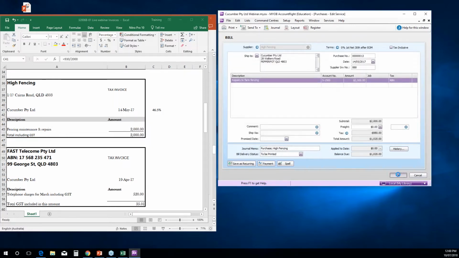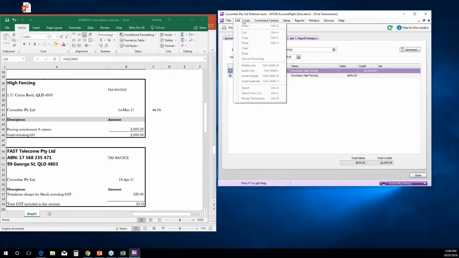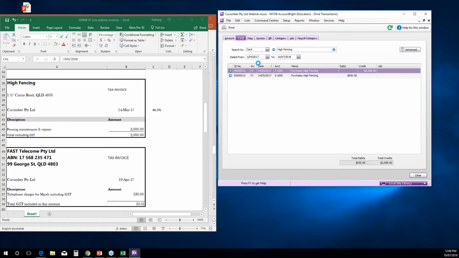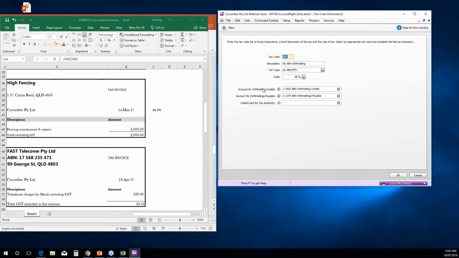So I'm going to save it first. What I'm going to do is go to the list tax code. This happens when the tax rate changes after one financial year. For example, now, 2018, no ABN withholding tax is 47% because 2% has been reduced for the highest income earners.